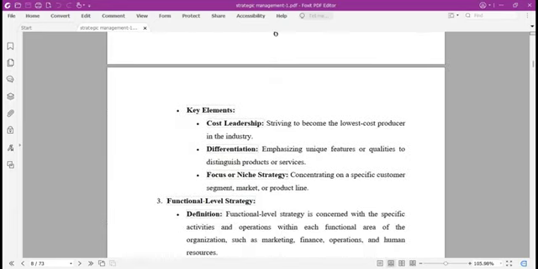What are the key elements here? Cost leadership. Here, they strive to become the lowest cost producer in the industry. There's a cost implication here.